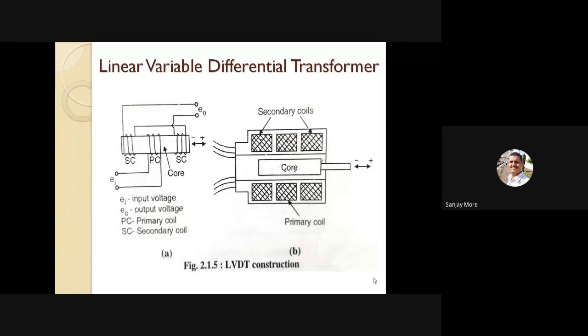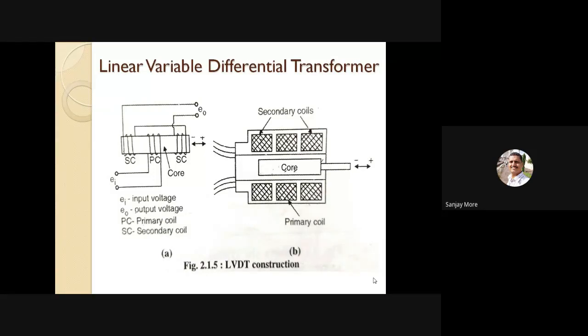So I request all of you to draw this diagram. Today's strength is very good, about 97 students are present. So those who have not completed this LVDT point in the previous lecture, I request all of you to draw this diagram under the heading linear variable differential transformer.